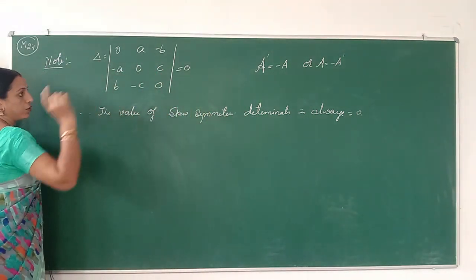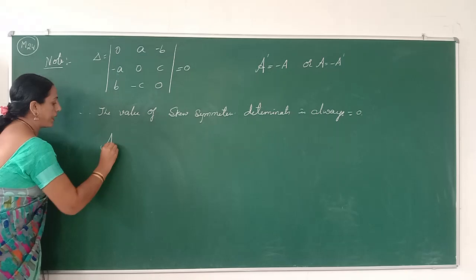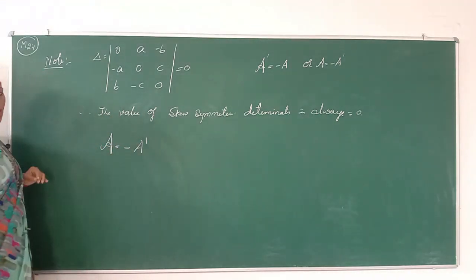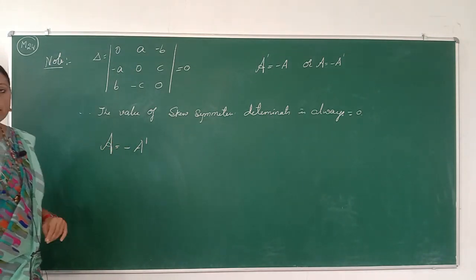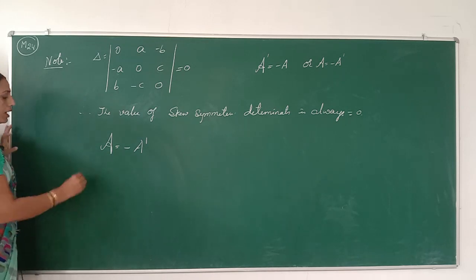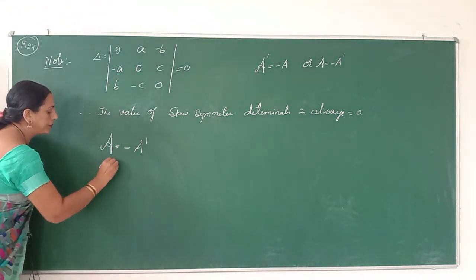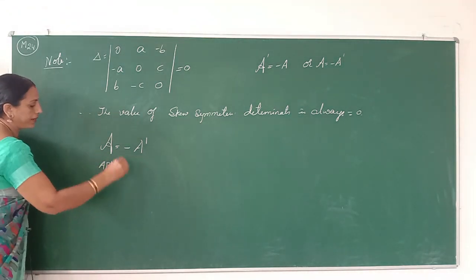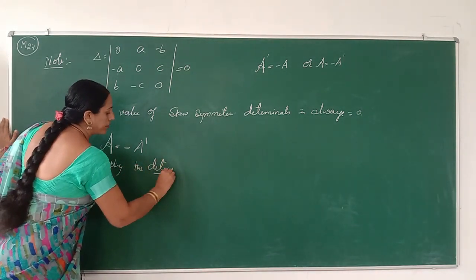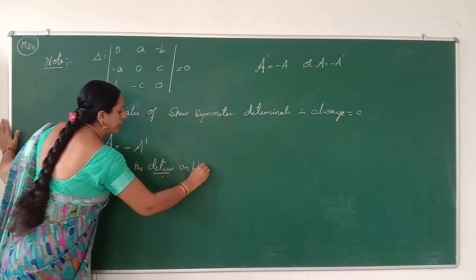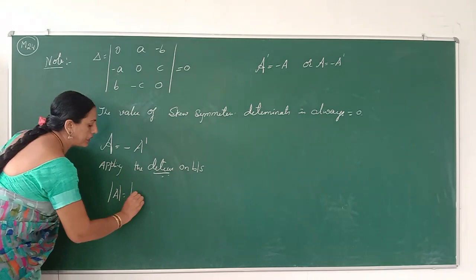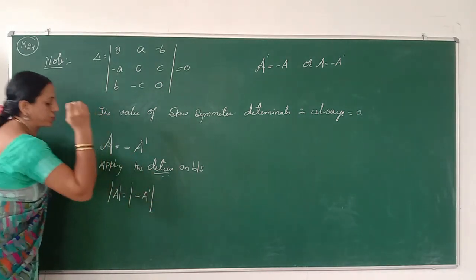Now first, the definition of skew symmetric matrix: A is nothing but minus A dash, or A dash is nothing but minus A. After applying the determinant on both sides, determinant of A is equal to determinant of minus A dash.